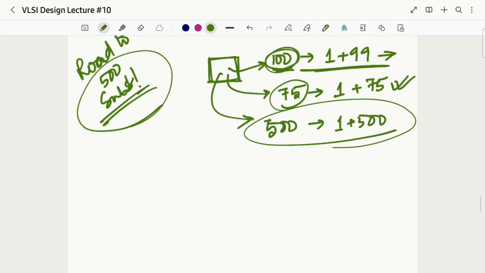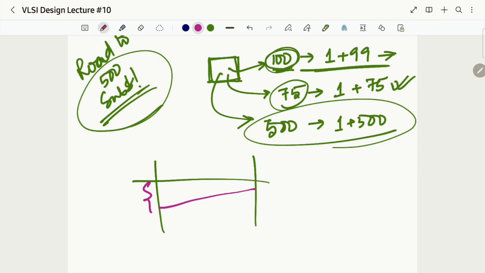Tapered channel means what? Remember this cross section that I was drawing? This is our tapered channel. On this side, the size of our channel is still the same, but on this side the width of the channel is lesser.